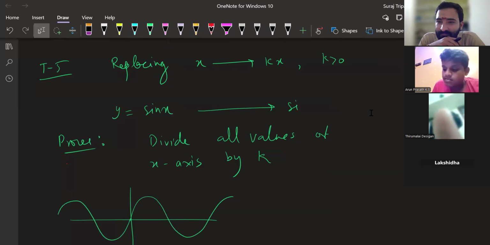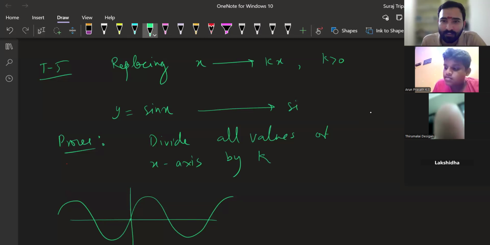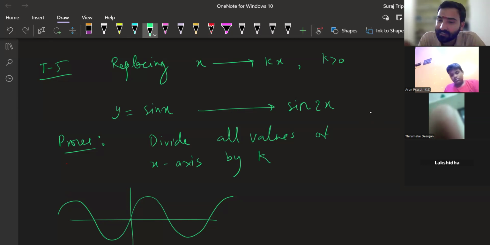What you have written: y equals sin x is replaced with y equals sin kx, like sine 2x. Here k is 2, right? You can also write sine kx. Whatever values are present on the x-axis, each value will be divided by this k.